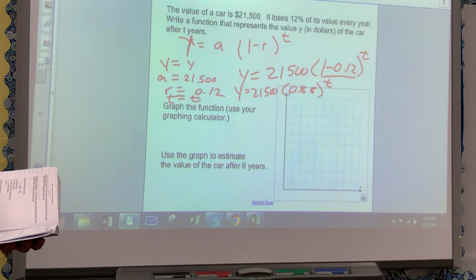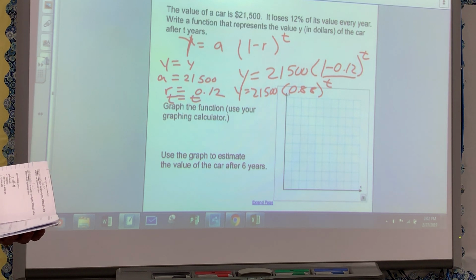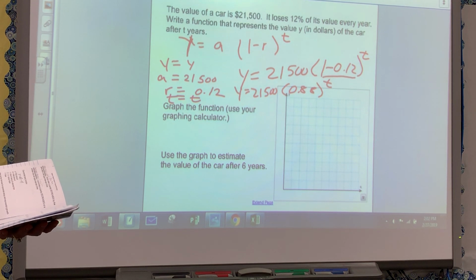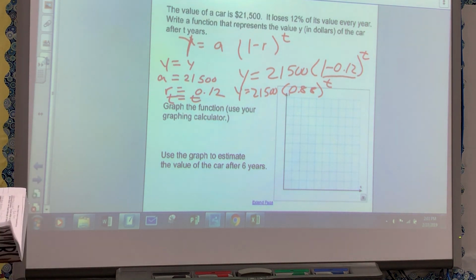So, it says to graph, use your graphing calculator. Go ahead and put it in, see what it looks like. You have to zoom out a lot.